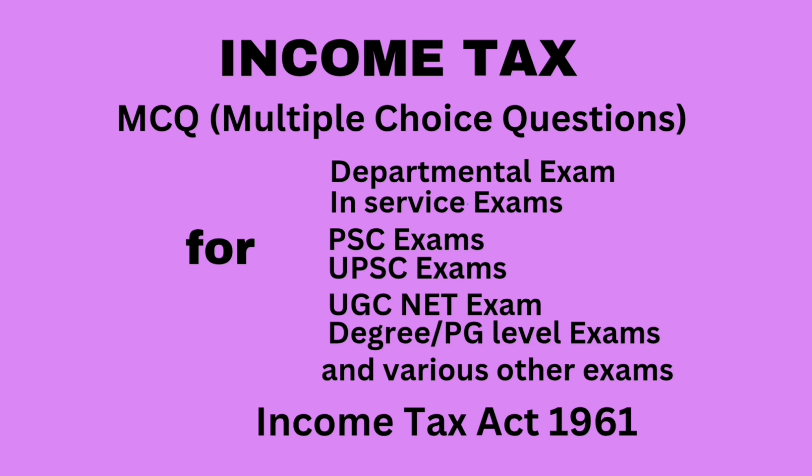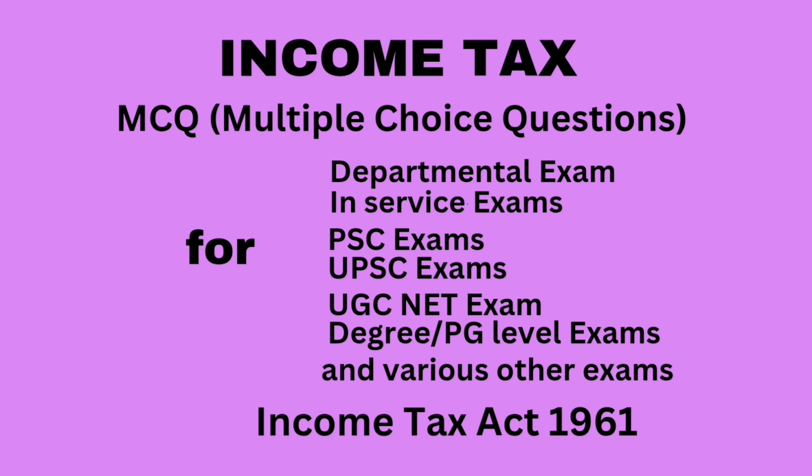Question. Income of a non-resident from shipping business under section 44B shall be presumed to be 7.5% of dash. Option A, the amount paid or payable whether in India or out of India to the assessee on account of carriage of passengers, livestock, mail or goods shipped at any port in India.